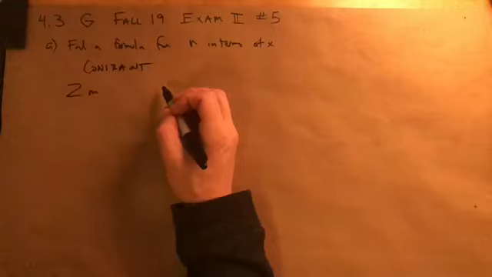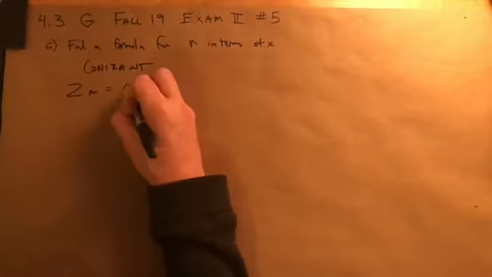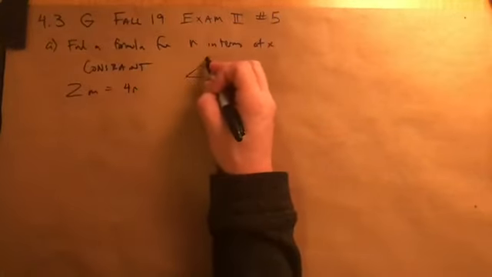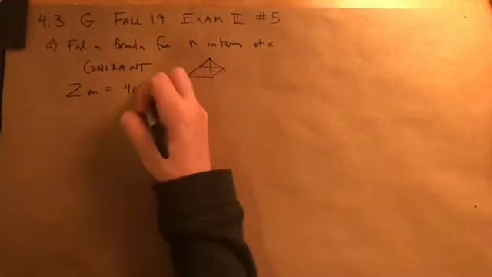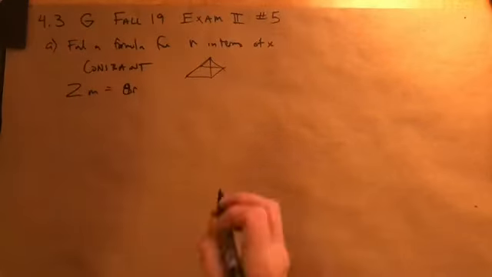We're going to start out with our constraint, which was 2 meters. If we think about what r was, the sides of the square pyramid, we had 4 r's for the square, and then we had 4 more of them. So really, we're looking at 8 r's, yes?